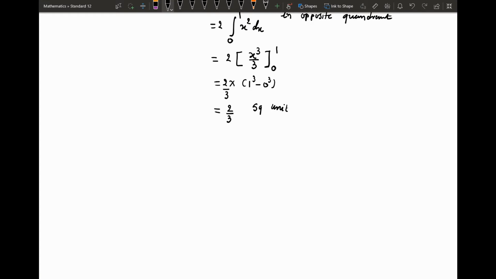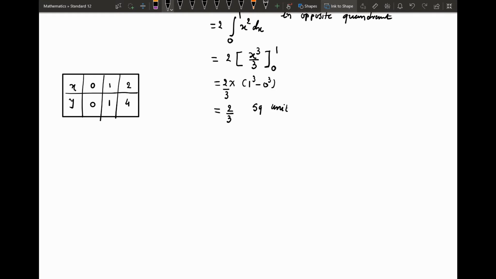But at the same time, you can draw the graph by taking different points. For x greater than or equal to 0, you take points. The constant term is absent, so the curve passes through the origin. If you take x equal to 1, y equal to x square, so it will be 1. If you take x equal to 2, y equal to x square. And if you join the points in the first quadrant, you will get a graph of this form.